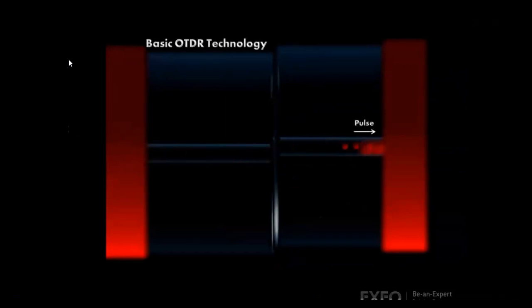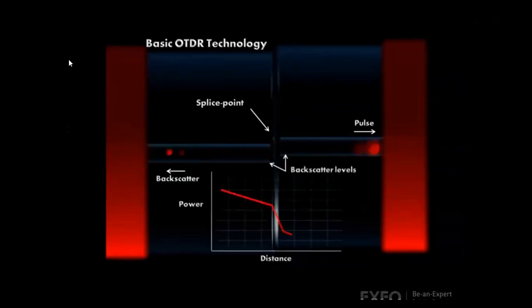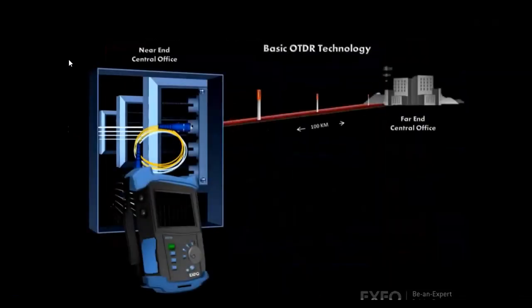One main function of an OTDR is to accurately measure splice loss. It does so by measuring the backscatter levels right before and after the splice. Let's travel down a 100-kilometer fiber and see a sample of different optical events that the OTDR can detect.